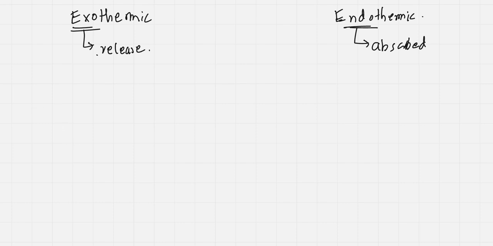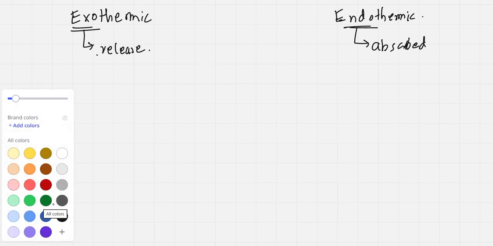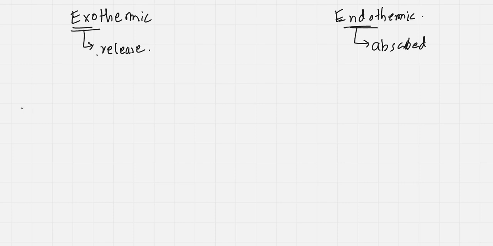Before we talk about it, we have to understand one thing. Let's say we have a seesaw over here, with Ben at one end and Fex at the other end. Let's say there is a random reaction happening, and we ask why this reaction is exothermic.